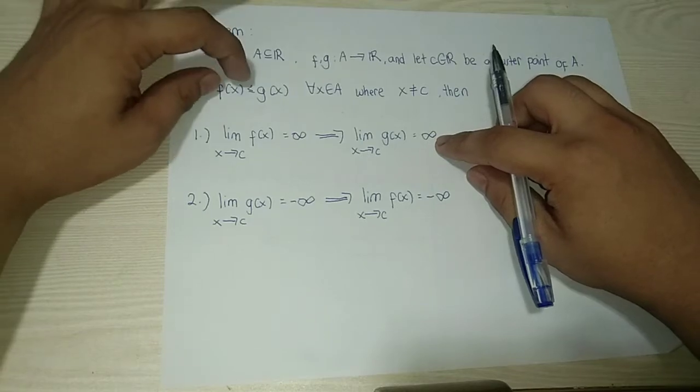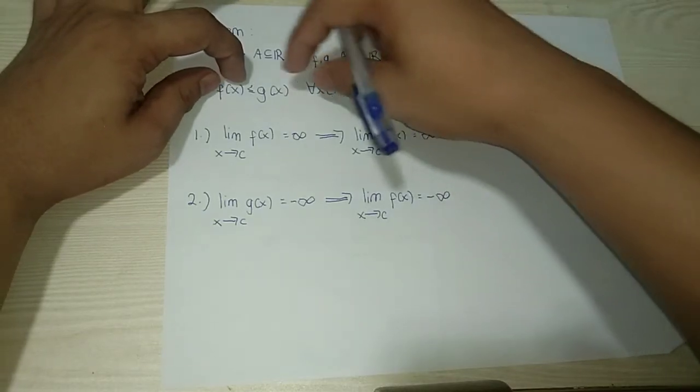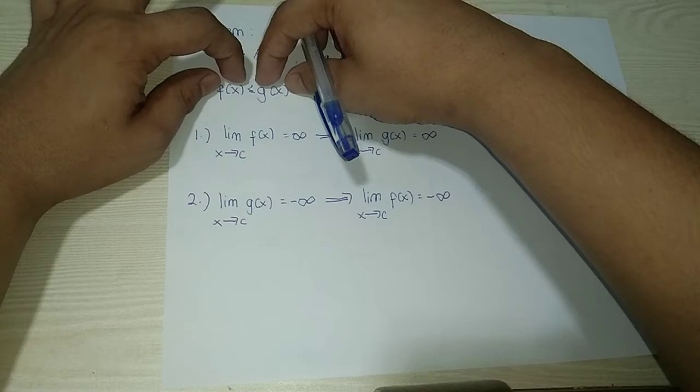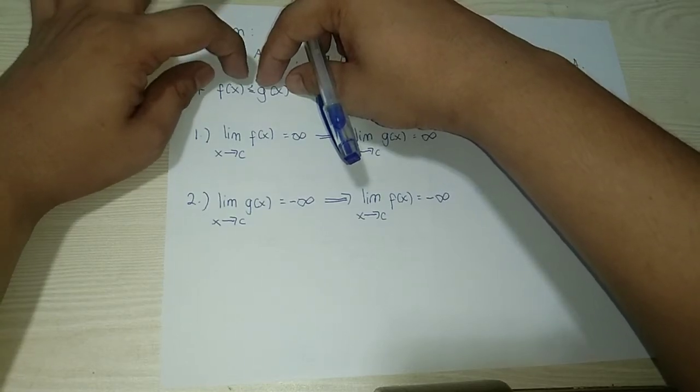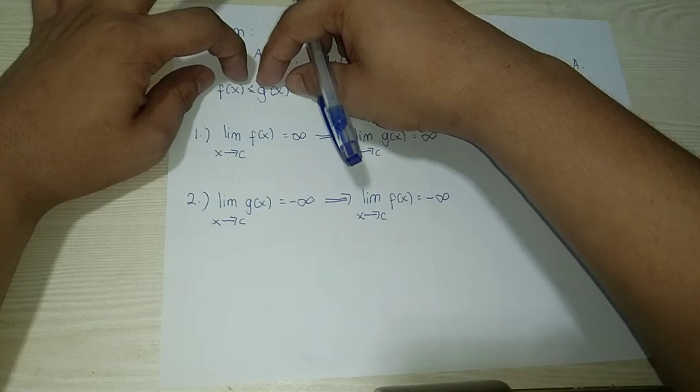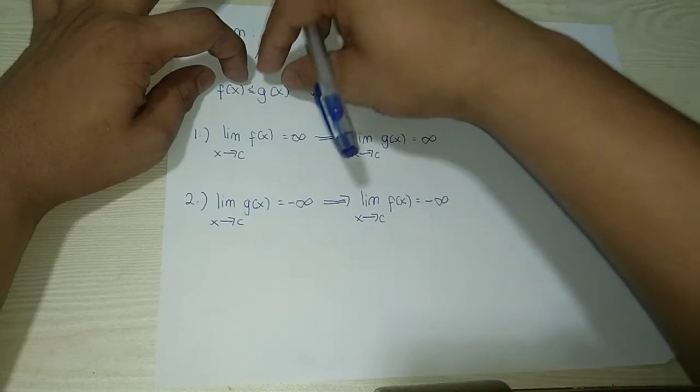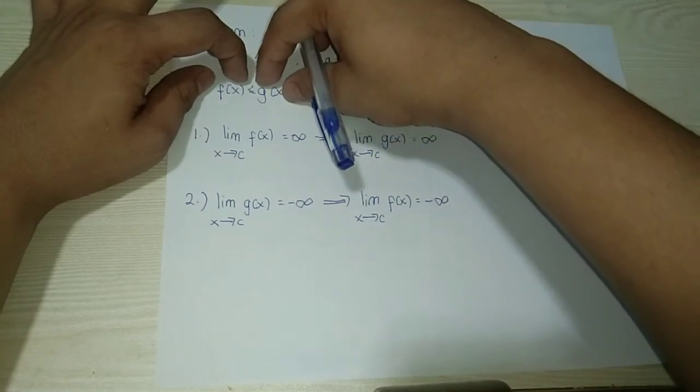Pansinin nyo, limit nung mas mababa implies limit nung mas mataas. Okay? If yung mas mababa nag-a-approach sa positive infinity, yung mas mataas mag-a-approach na rin automatic.